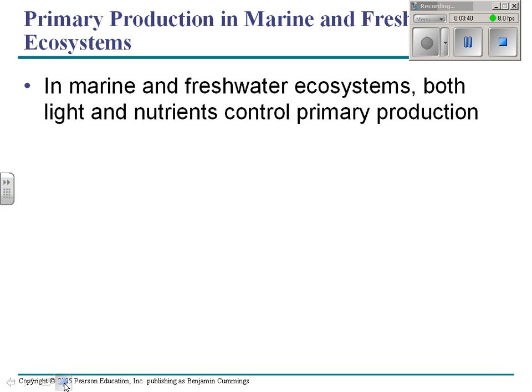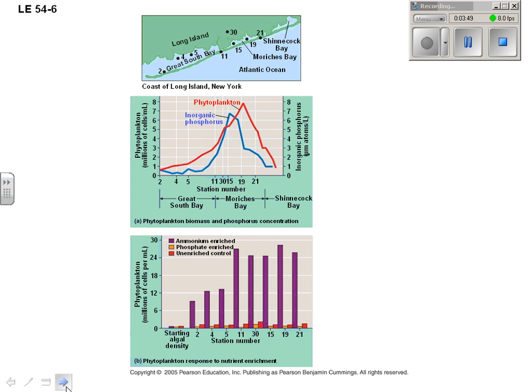So in marine and freshwater ecosystems, we pretty much have light and nutrients that control primary production. We're going to come back to this at the end. So if we look at a couple things here in Long Island, some tests they did, if you look at the rise in inorganic phosphorus, you get a parallel rise in phytoplankton. Phytoplankton are microscopic organisms that do photosynthesis.